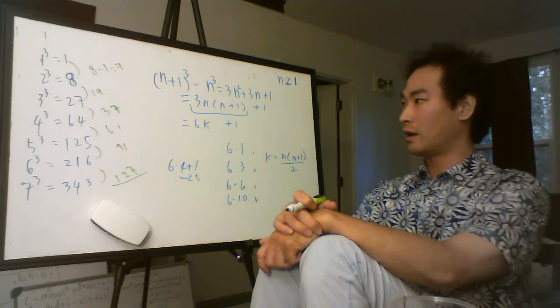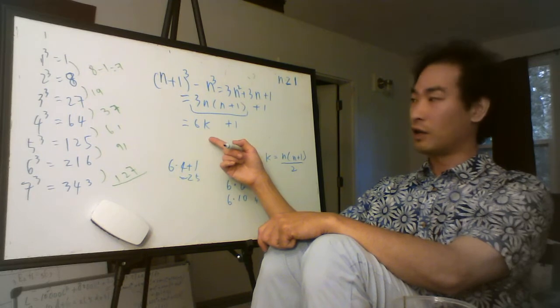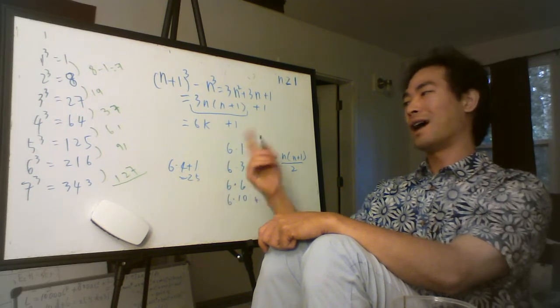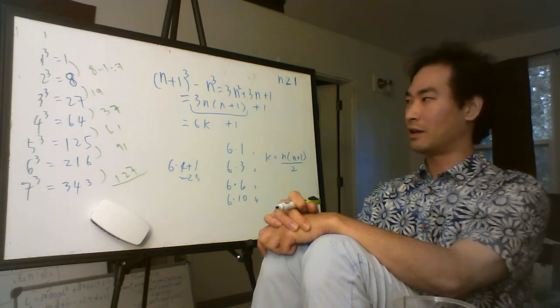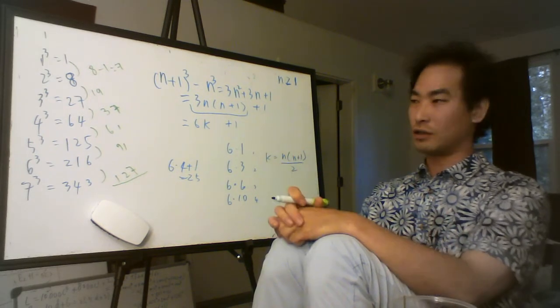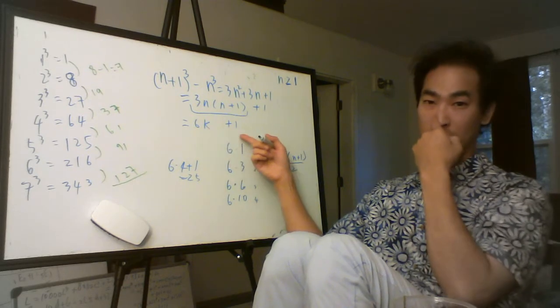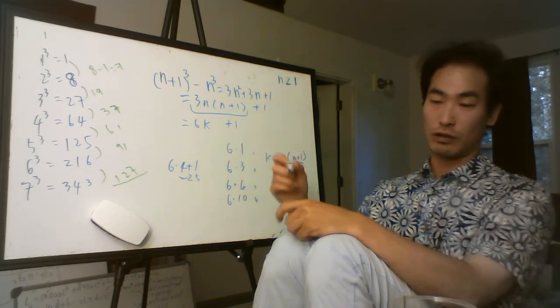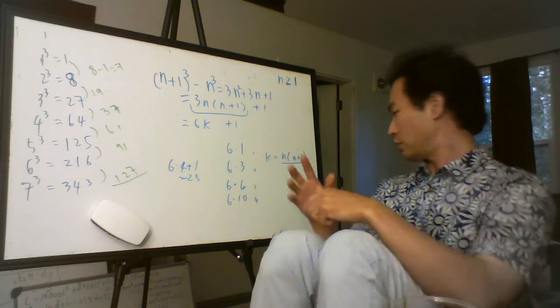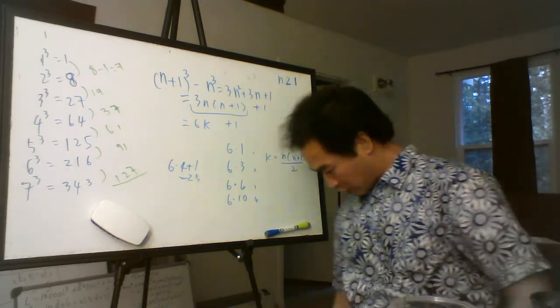Like 7, 13, 19, right? Next 25, yeah, that's a composite number. But it looks like this form is very dense. This family, this subset of natural numbers, is very rich in prime numbers. Okay, so just some observation.